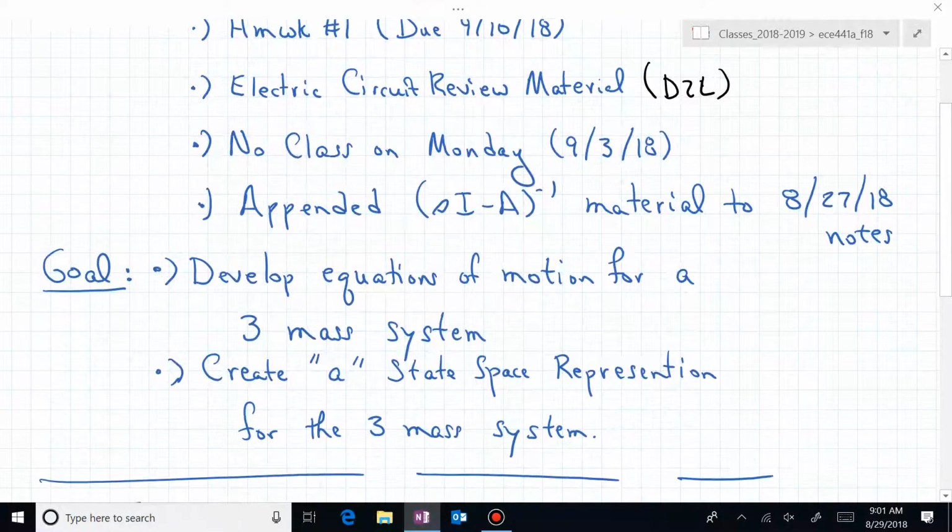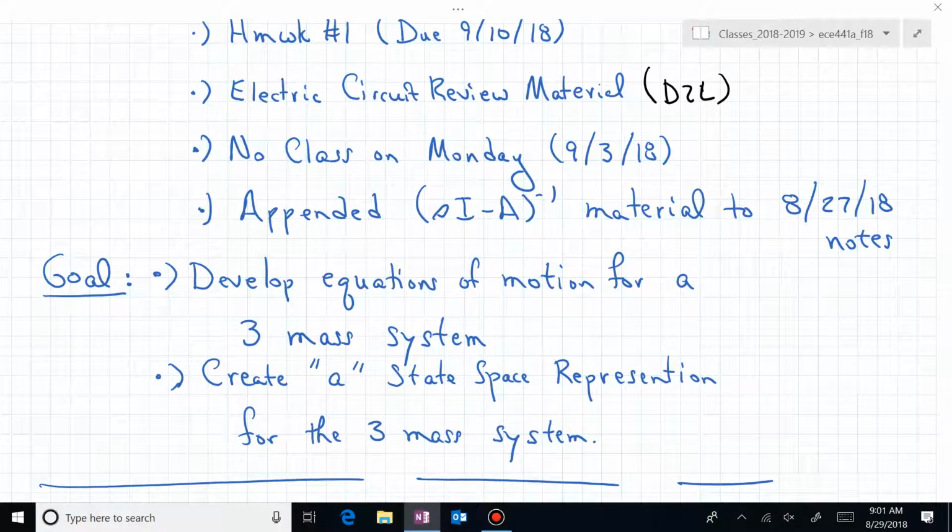Today what I want to do is work with a more complicated mass spring damper system, and in particular a system that has 3 masses. And if we get there, we'll try to create a state space representation for that 3-mass system.